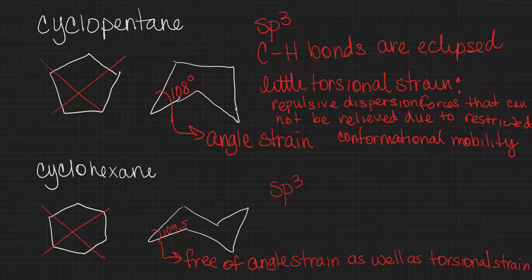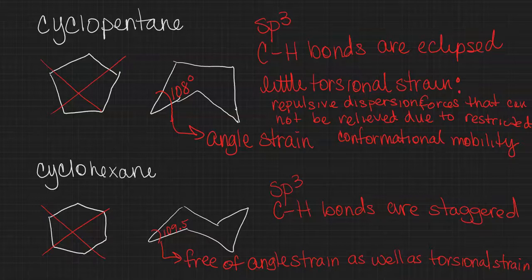With the cyclohexane, the carbon-hydrogen bonds are staggered. And remember, we said previously, staggered leads to more stable.